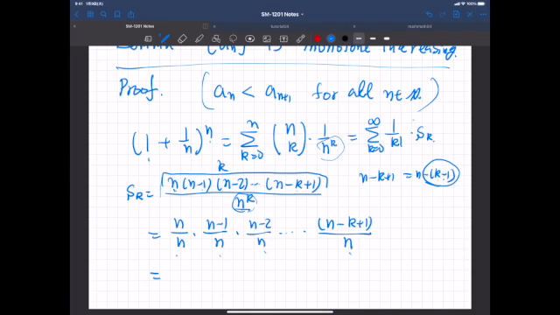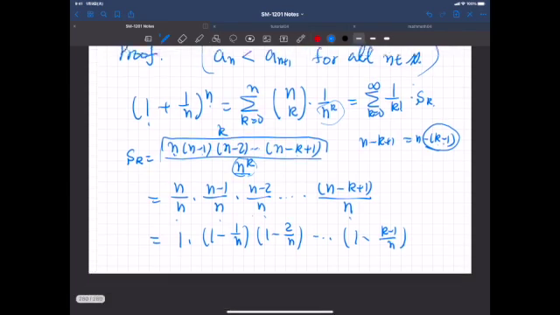The first term is 1, the second term is 1 minus 1 over n, the third term is 1 minus 2 over n, and so on, down to 1 minus (k minus 1) over n.